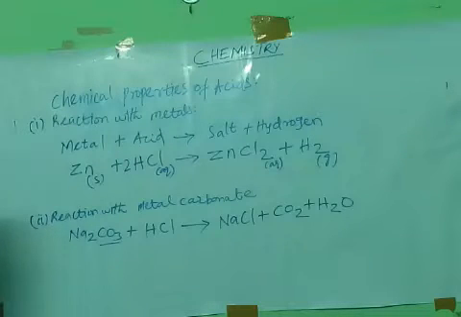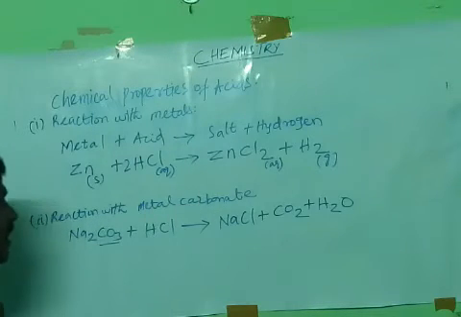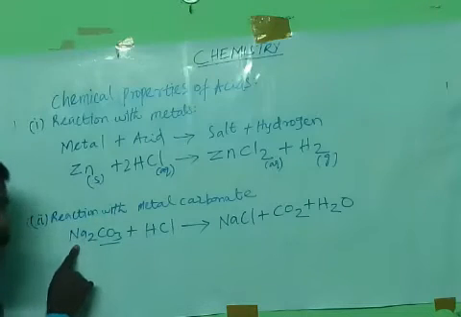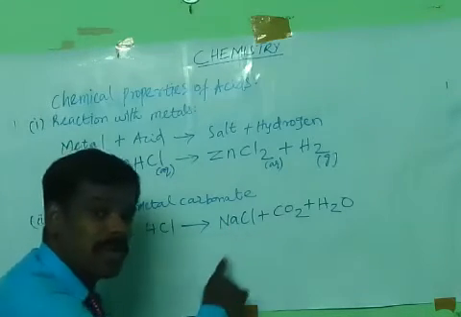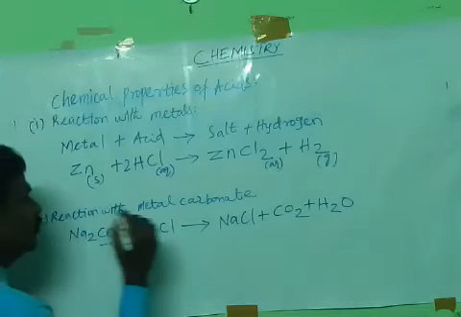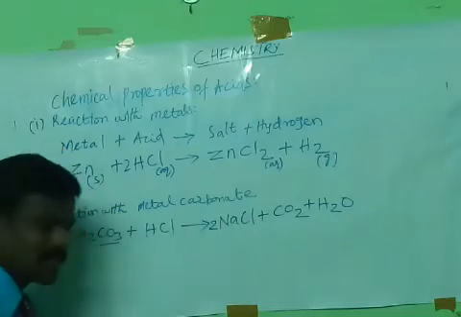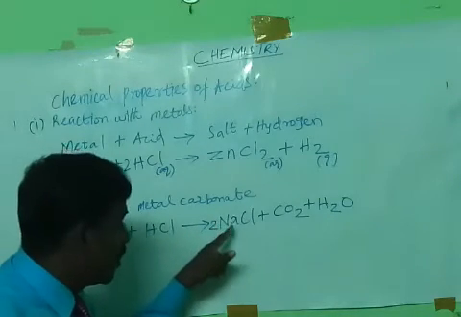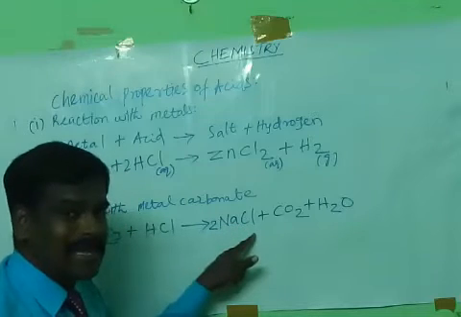Very good. See, let us check whether the reaction is balanced or not. You see, there are two sodium on the left and only one sodium on the right hand side. So to balance it, we have to put 2 in front of this. And this 2 is common for both Na and Cl.